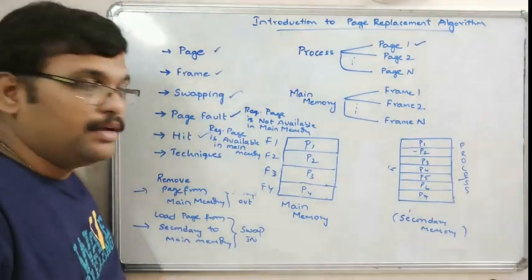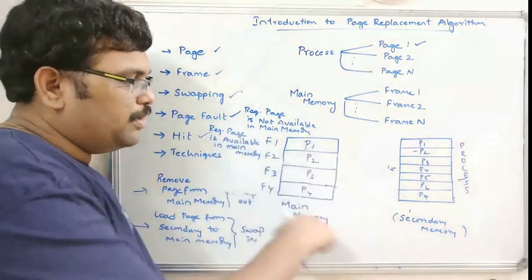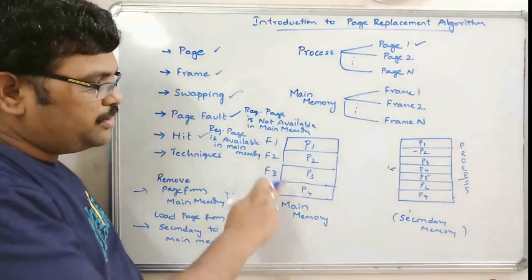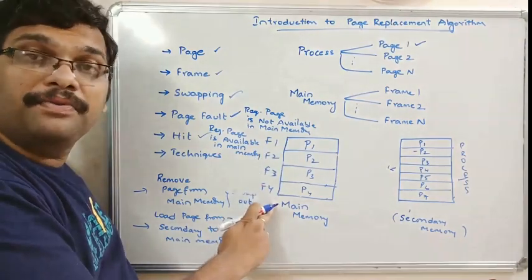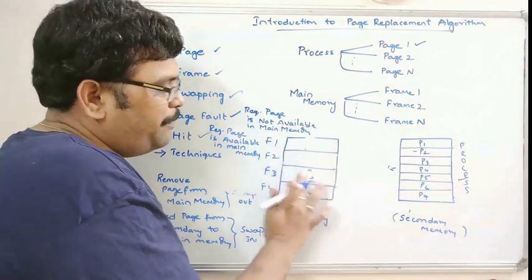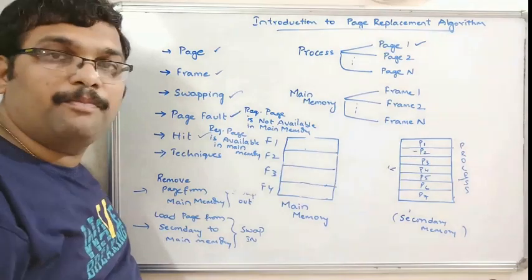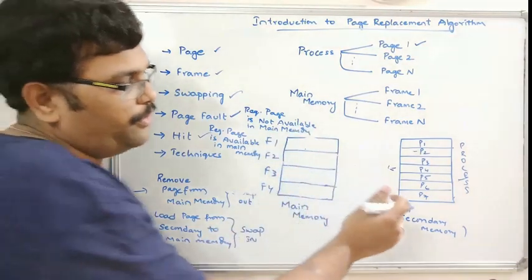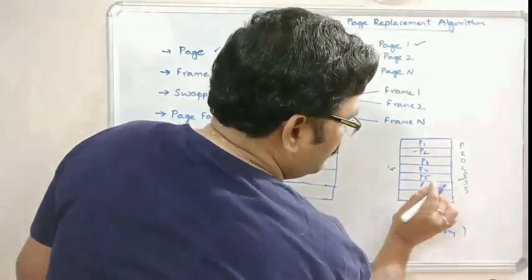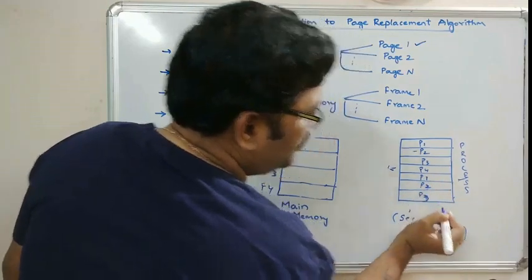Okay, for example, let us consider this example itself. Already all the frames are full, right? Let us take an empty frame and start from the beginning. The page sequence is P1, P2, P3, P4, P5, and similarly again P1, P2, and P3.